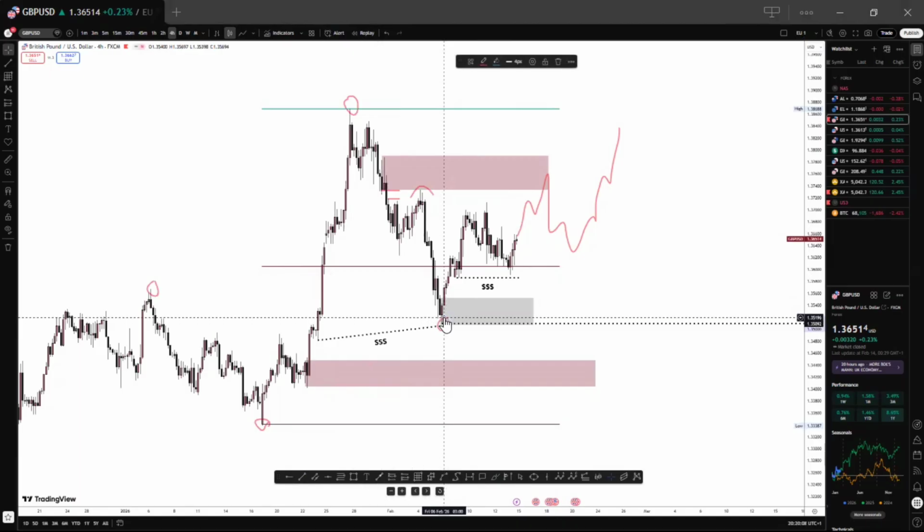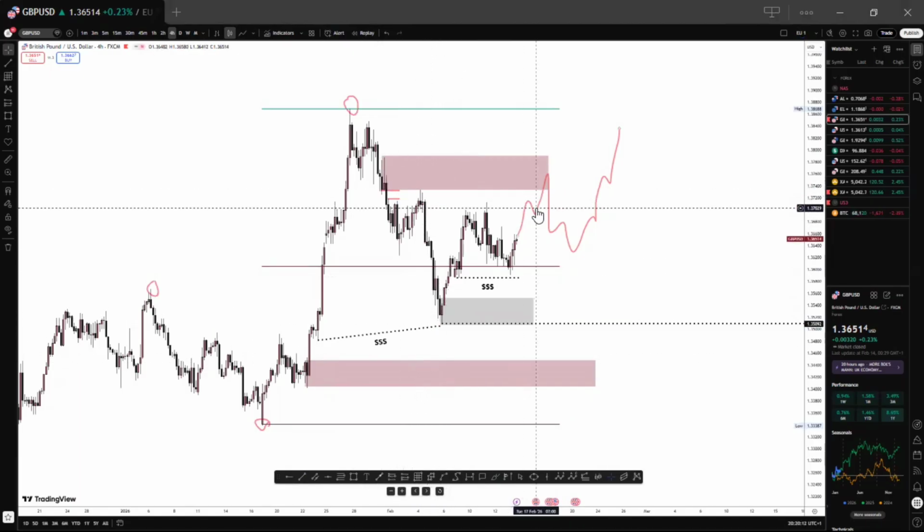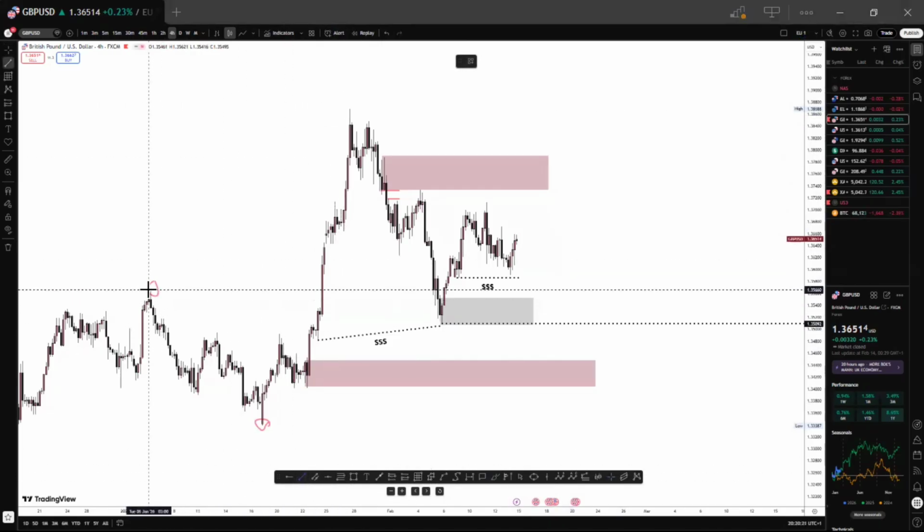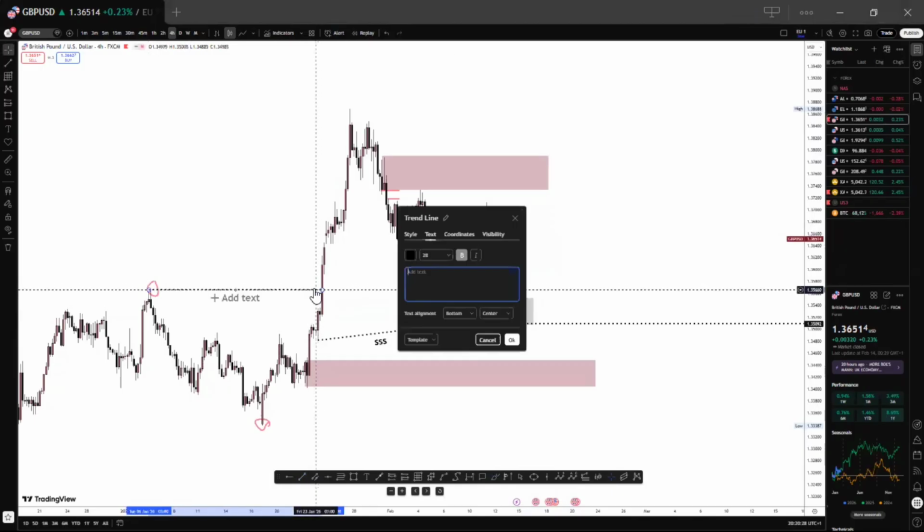And then this could be our analysis for GBP USD. So this would be a break of structure.